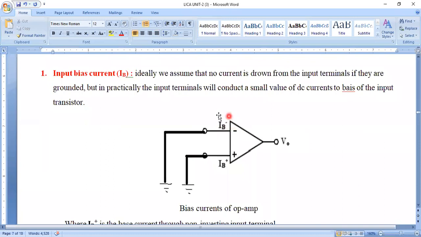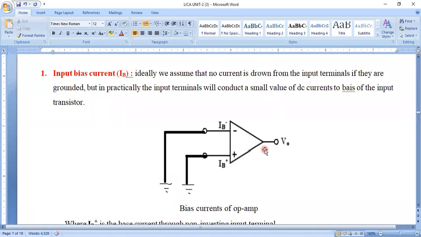Due to the two input biasing currents, IB plus and IB minus, some output voltage is present. Input offset current creates an error at the output, up to a range of 200 nanoamperes.